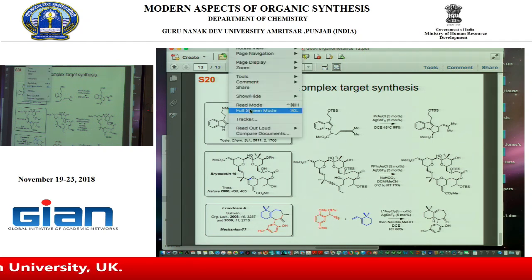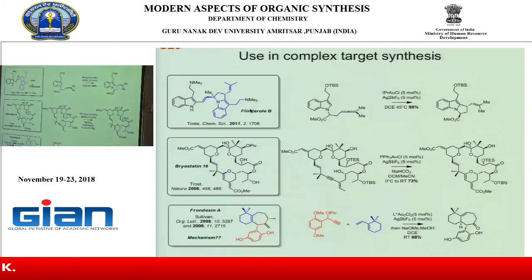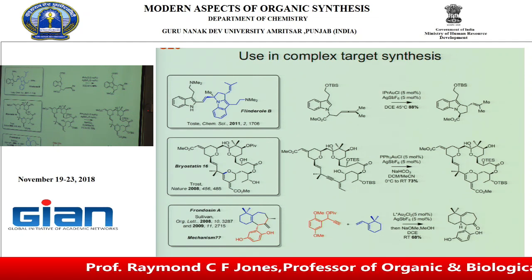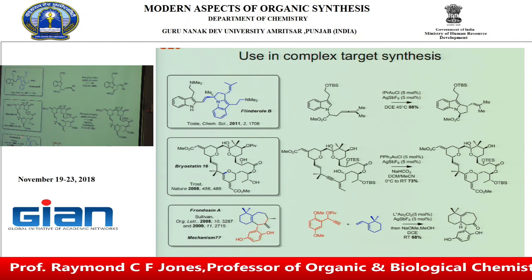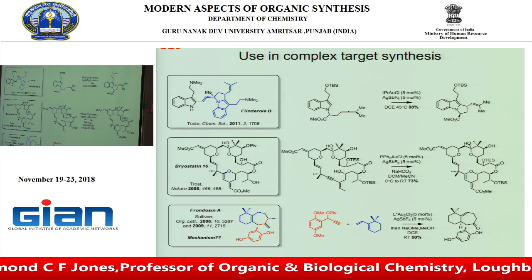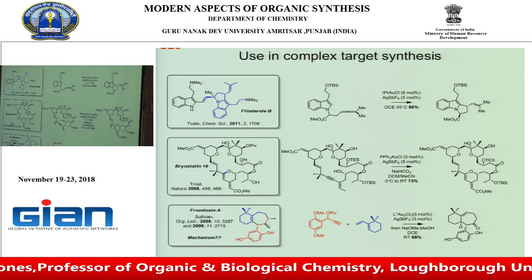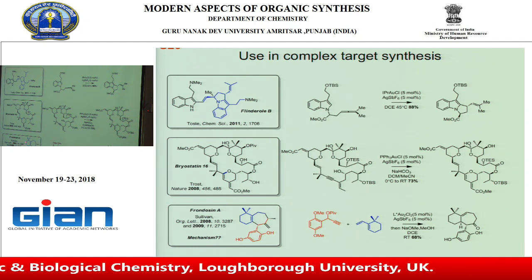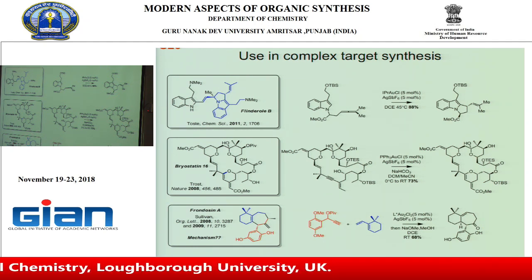I did a bit of investigating yesterday evening to work out what was going on. First of all, this is the peril of using a slide that you borrow from somebody else. I checked out these two references. They're nothing to do with this reaction, as it turns out. They are to do with the synthesis of this natural product, but by a different strategy.